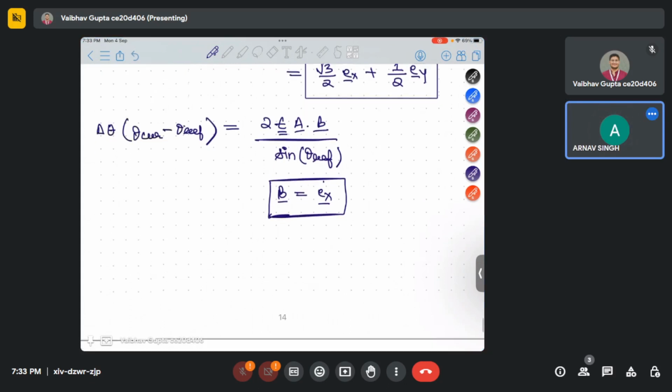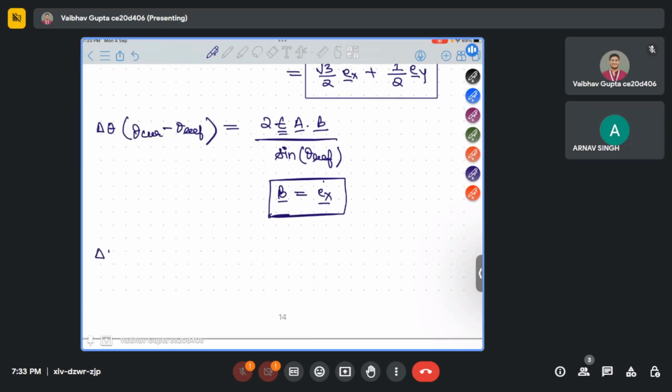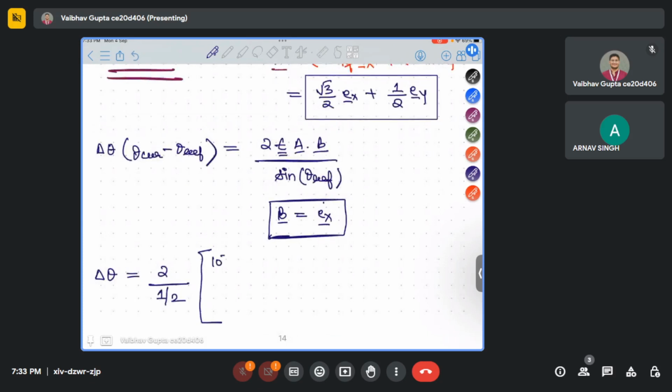So now what is delta theta? It is equal to 2 over sin theta ref. Sin 30 degree is nothing but 1 by 2. Epsilon matrix we got as 10 to the power minus 3, 0, 0, 0, 0.3 into 10 to the power minus 3, minus 0, 0, minus 0.3 into 10 to the power minus 3.